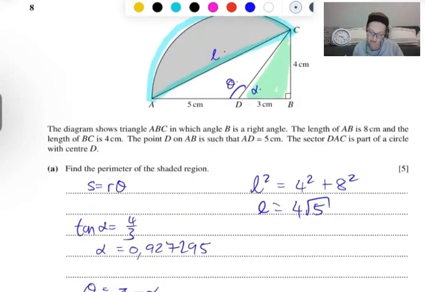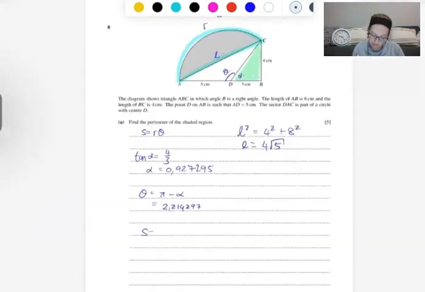My arc length, S, is equal to r theta. My radius is 5, and my theta is 2.214297. You probably don't need that many decimals. That times 5 is basically 11.1.